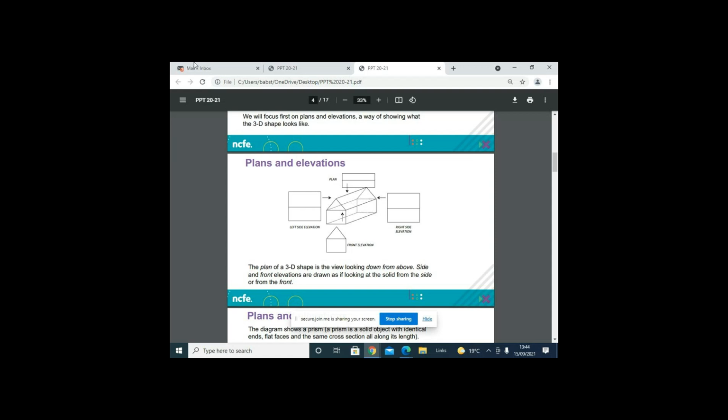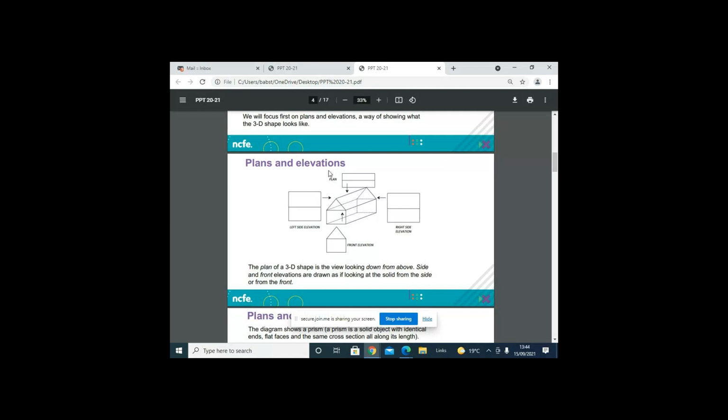The major things they ask you are the left elevation, the right elevation, the front elevation, then the plane, and the plane is very common. If you are asked to draw the plane elevation of this shape, you assume you are on top and you look at the shape.